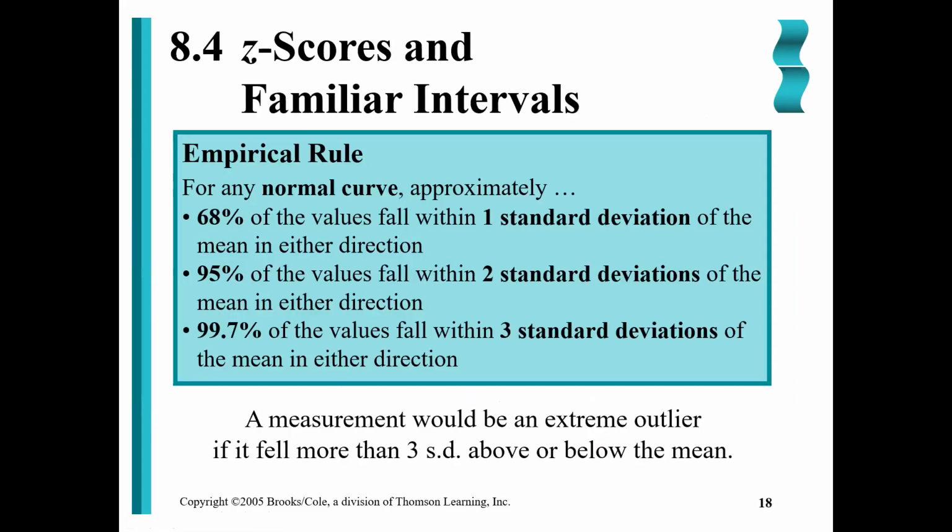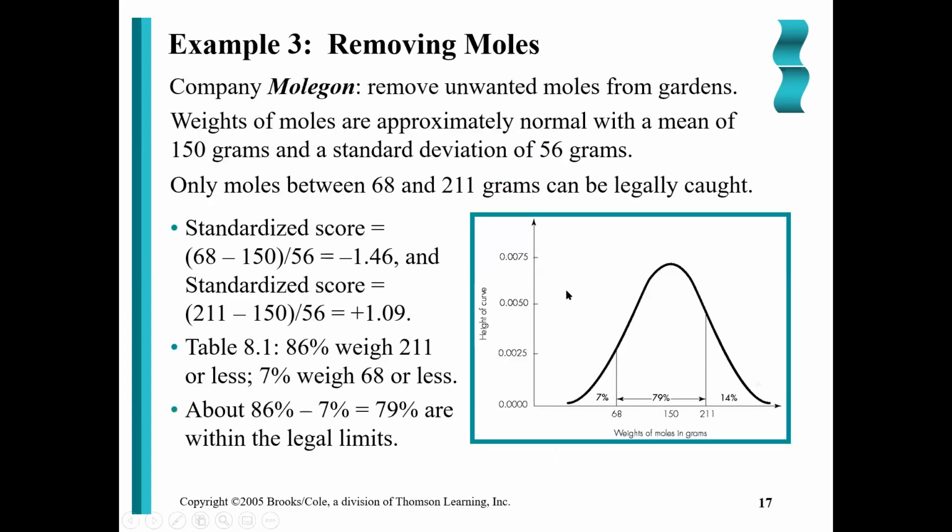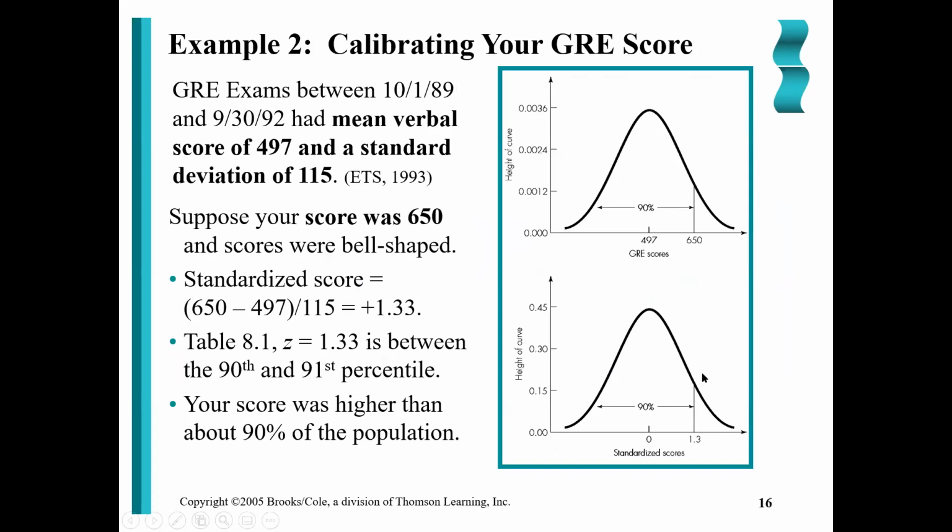All right. Now, the normal curve also has special rules, which are called the empirical rule. And the empirical rule says the following. We draw a normal curve and we bracket off one standard deviation to the left and one standard deviation to the right. In other words, let's go back to the normal curve here. Let's look at this one down here.